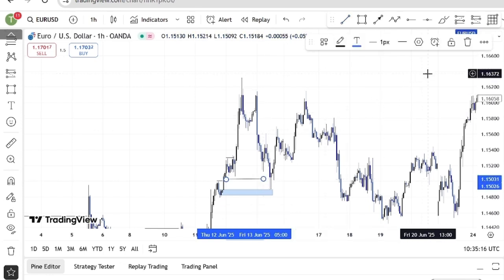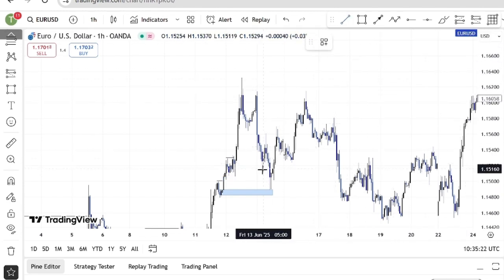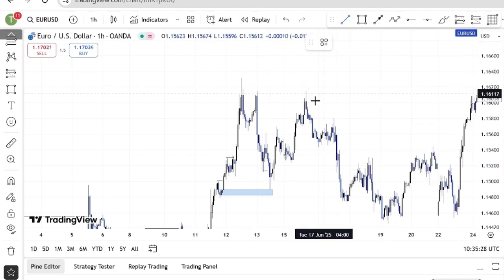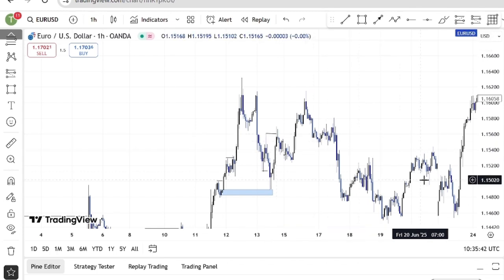But now, let me take out this stuff I just marked. If you look at this, this was the last low, the engineered liquidity before our zone. We also have this, the last high. If you look at this high, what did you see? Market swept liquidity. There's a sweep right there.